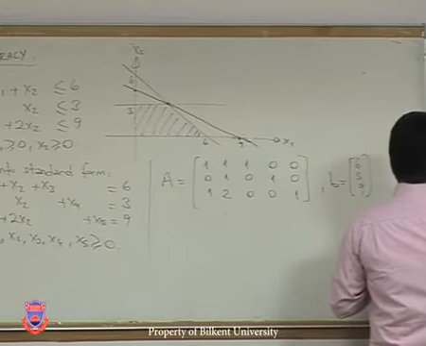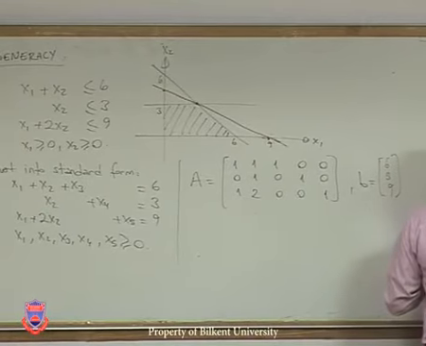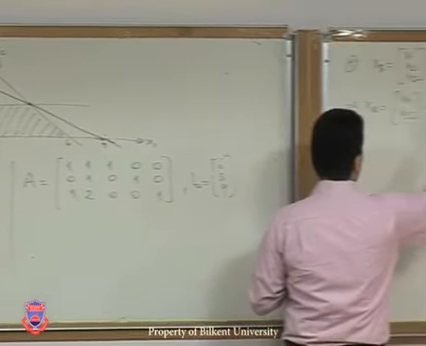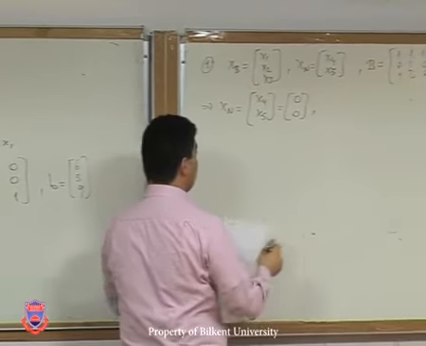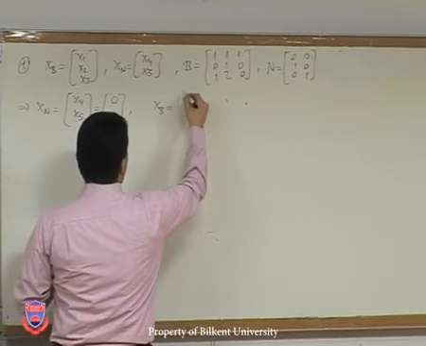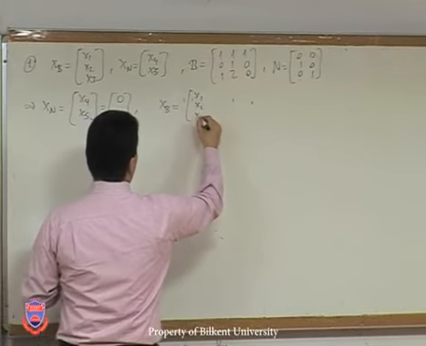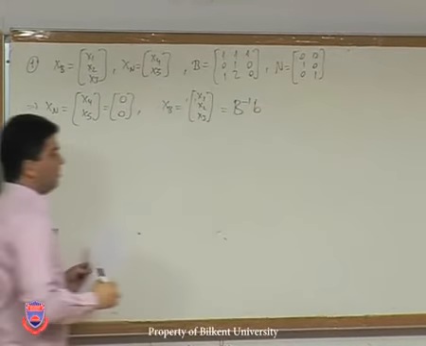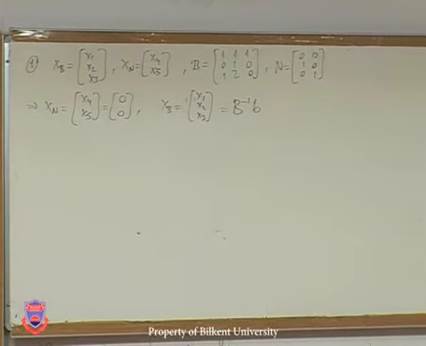So I'm going to set all of my non-basic variables to 0. And then I'm going to solve for my basic variables, which are given by x1, x2, and x3. This is given by, remember, B inverse times little b.